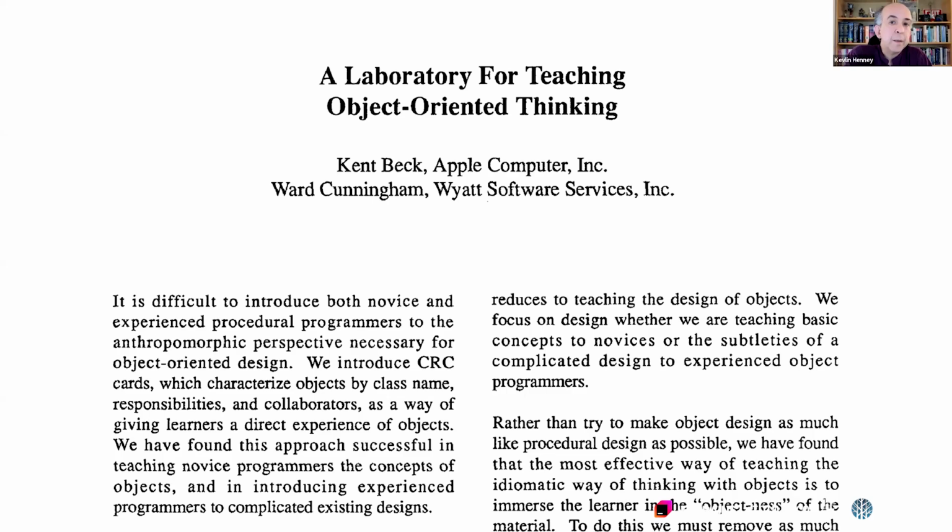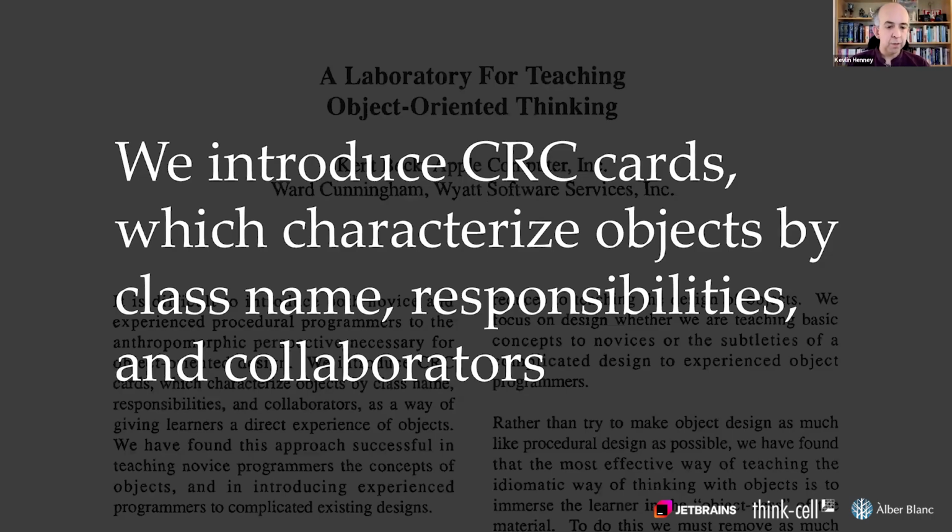This is a late 80s thing. This really is what planted in many people's minds the idea of responsibilities being significant as a way of talking about objects. We introduce CRC cards, which characterize objects by class name, responsibilities, and collaborators. Okay, CRC.